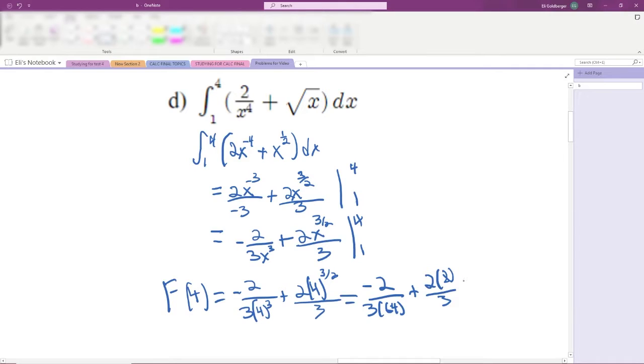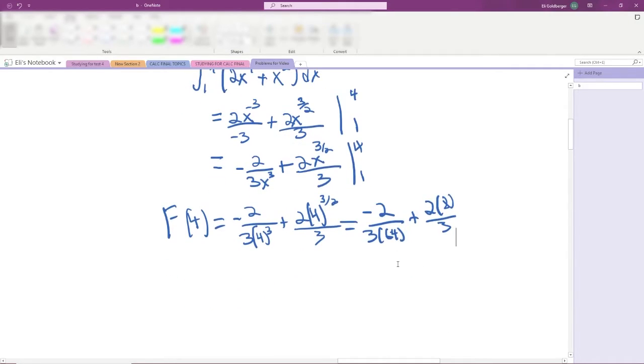And now what we're going to do is f of, we can simplify this further, but it's kind of a nuisance. And I have the answer ahead of time, so you'll see.